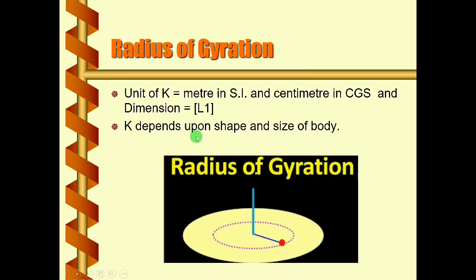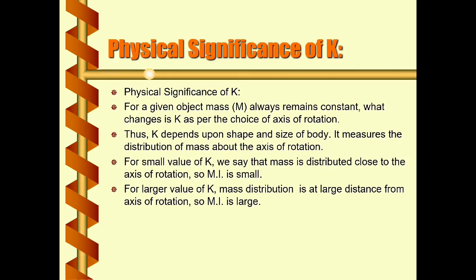Now next, consider on what factors this radius of gyration depends. So this radius of gyration depends upon the shape and size of the body. So the next question can be asked here: what is the physical significance of radius of gyration?